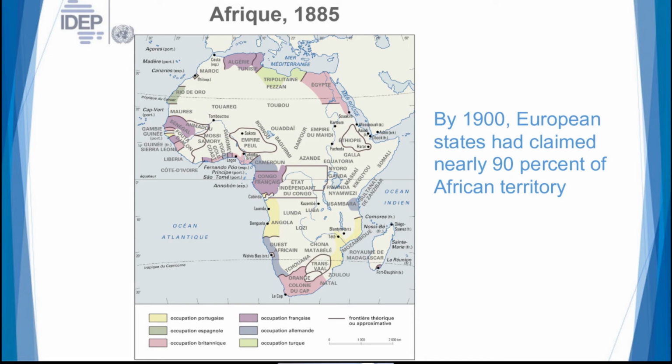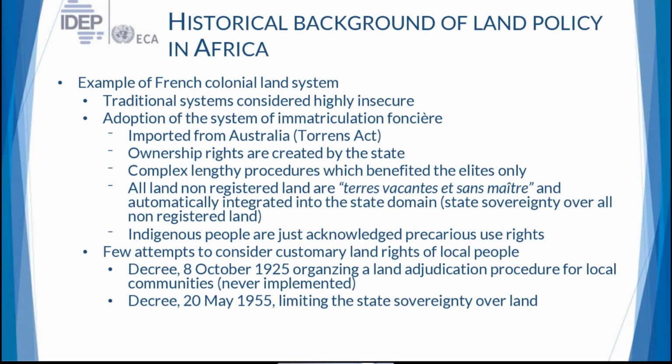So this slide shows the different French possessions at the beginning, just after the Berlin Conference. You can see that the different colonial powers were established in different parts of the continent, but by 1900, they had just completed the territorial conquest of Africa.